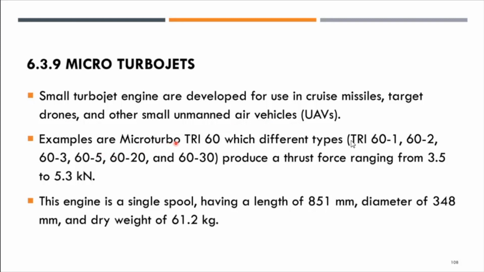Examples like micro turbo, TRI 60, you have TRI 61, 60-2, -3, -5, and so on, which produce a thrust force ranging from 3.5 kilonewton to 5.3 kilonewton.